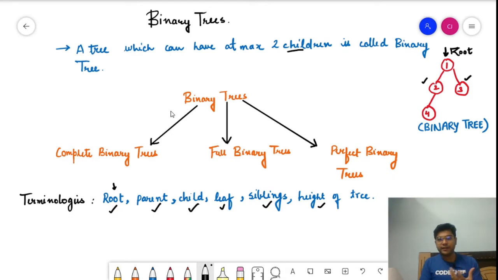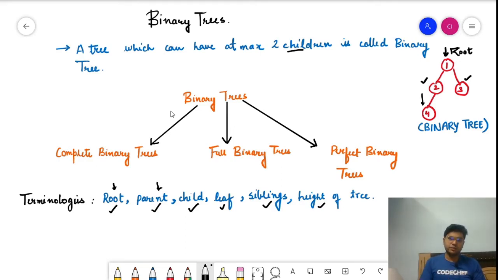For which parent are they the children? 1 is the originating node of these two, so 1 is the parent of 2 and 3. Parent is the node which originates its child. Here 2 is the parent of 4. So this is the terminology for parent.